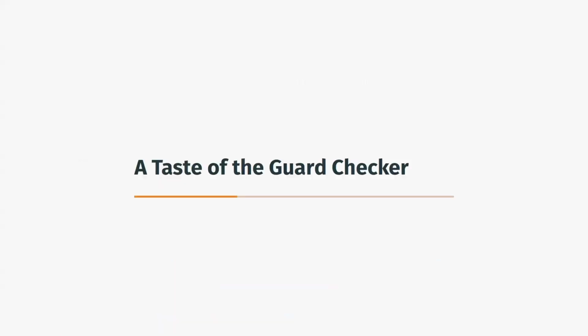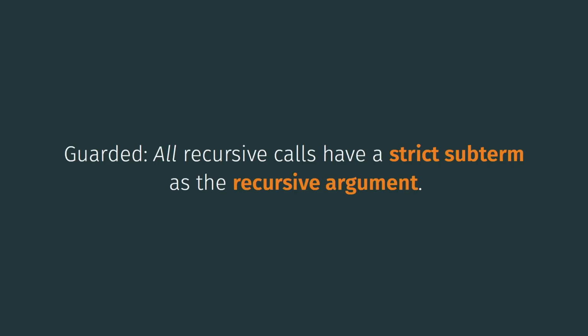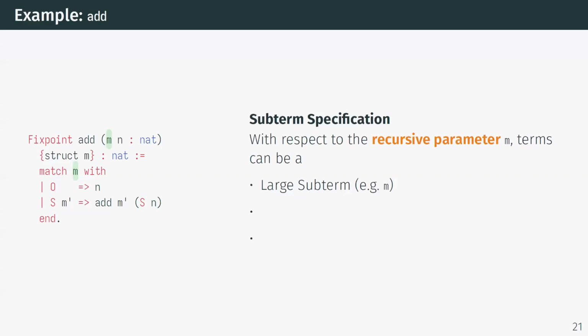Okay, let's have a taste of the guard checker. This might help you because you've seen too many unguarded fixed points when you try to do it. We're going to use our favorite example with addition, and we want to check that it is guarded. What does it mean that this is guarded? Guarded means that all recursive calls have a strict subterm as the recursive argument. So every fixed point has a recursive argument.